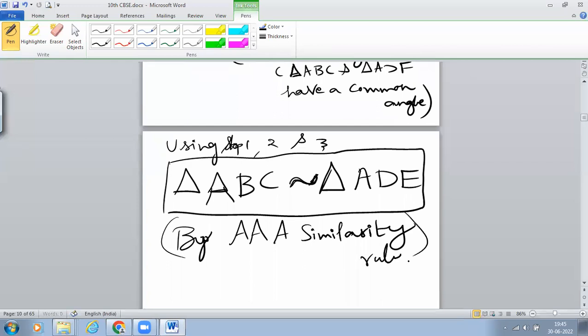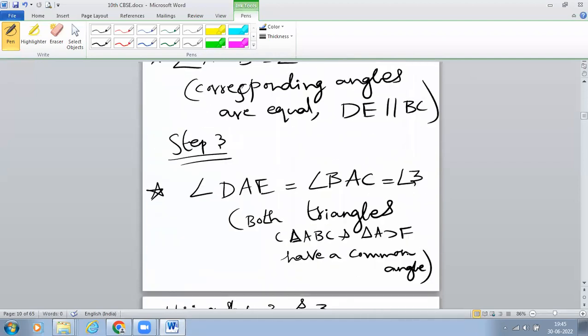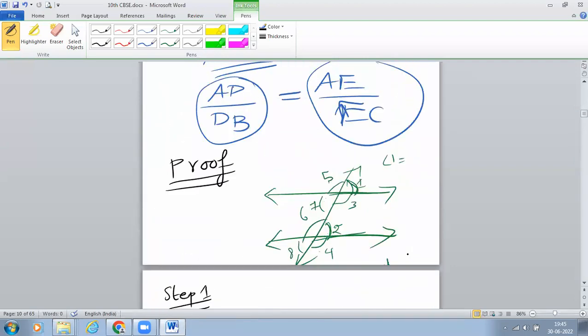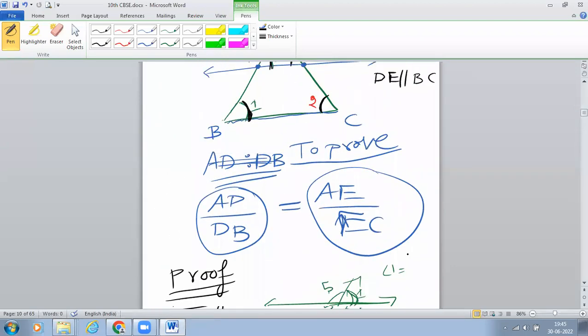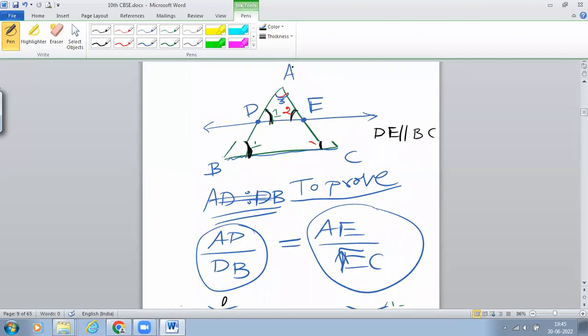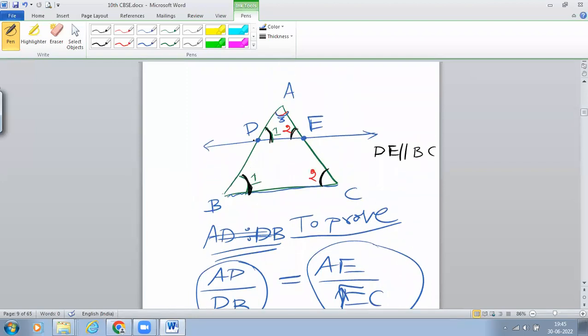By the AAA similarity rule. That is why, see here, in triangle ABC and ADE, according to the 3 steps, the corresponding angles of both the triangles are equal. See here, in triangle ADE, the angles are angle 3, angle 1, angle 2. Yes or no? These are the 3 angles, right?